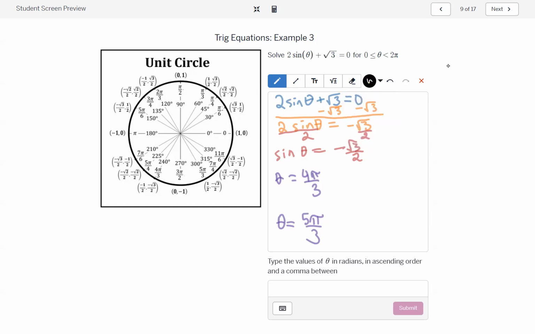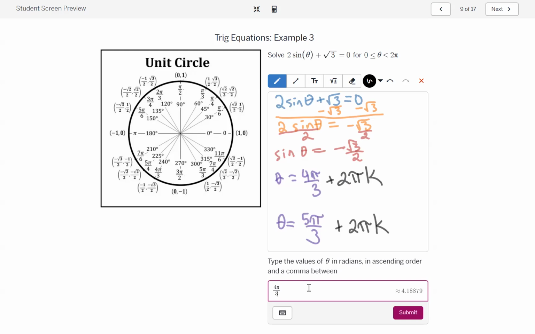Now we pulled angles from the unit circle, so we write the plus 2 pi k. But this question had the added caveat for theta between 0 and 2 pi. So we only actually have to answer the 4 pi over 3, comma, 5 pi over 3.